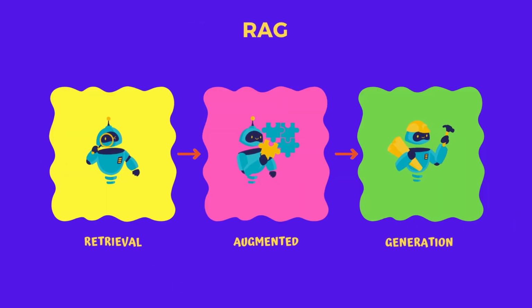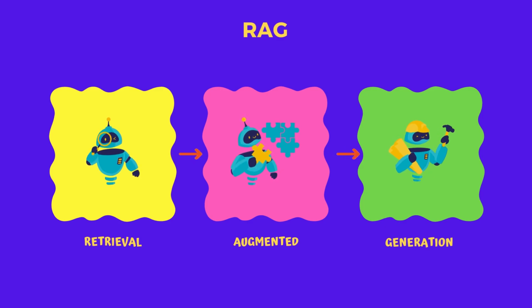RAG works in three main steps. First, the retrieval, which searches through the external knowledge to find new relevant information. You can imagine Retriever as a super fast librarian who is grabbing the right books. Next, the augmenter, which pieces together the information to match your query.